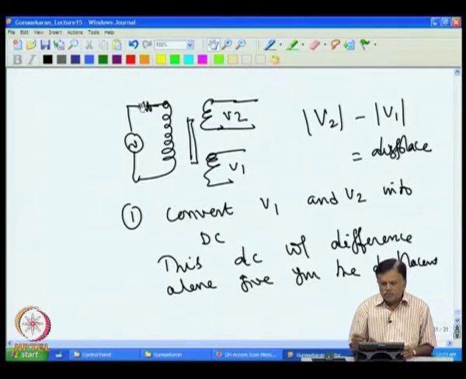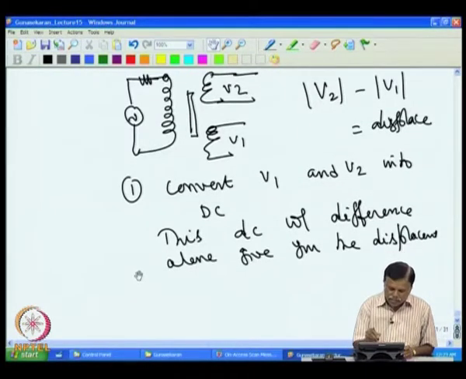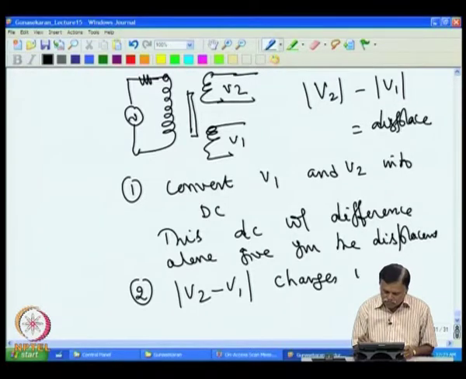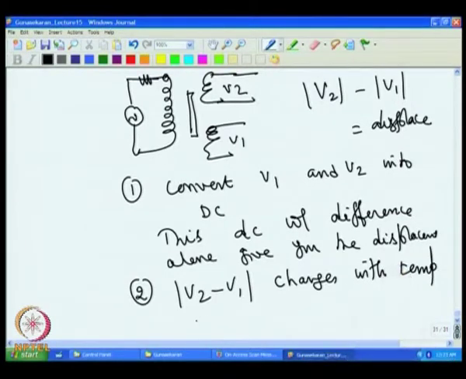So, this is the second major problem that one has to solve, that V2 minus V1 changes with temperature. These two problems are to be solved if it is to be practically used for displacement measurement.